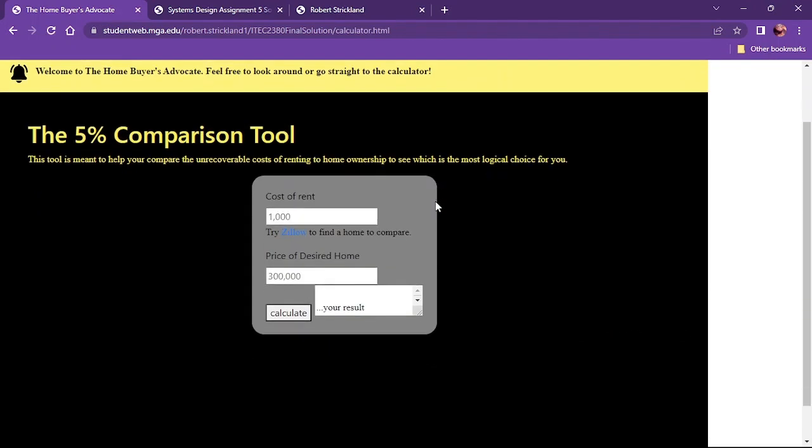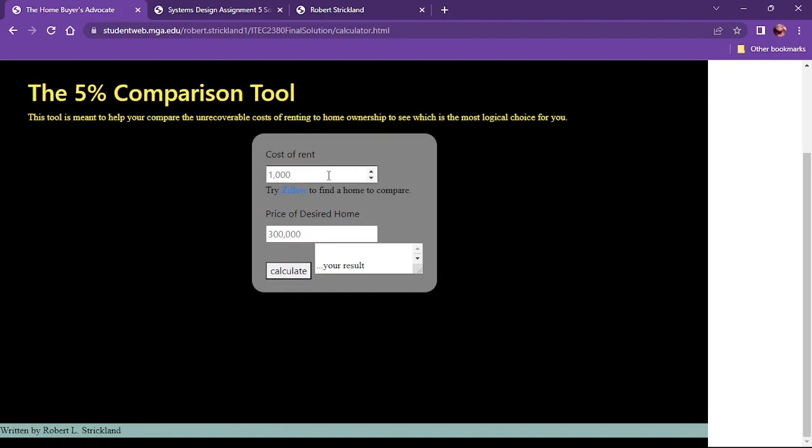All right, so the comparison, or the 5% comparison tool. Basically, you put in the cost of renting. So say you pay $2,000. You live in a really nice major city, and say the home that you're considering purchasing is 400K.